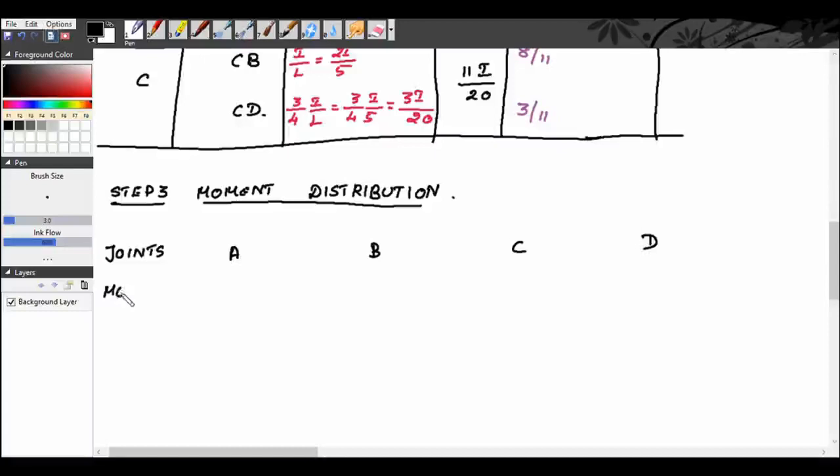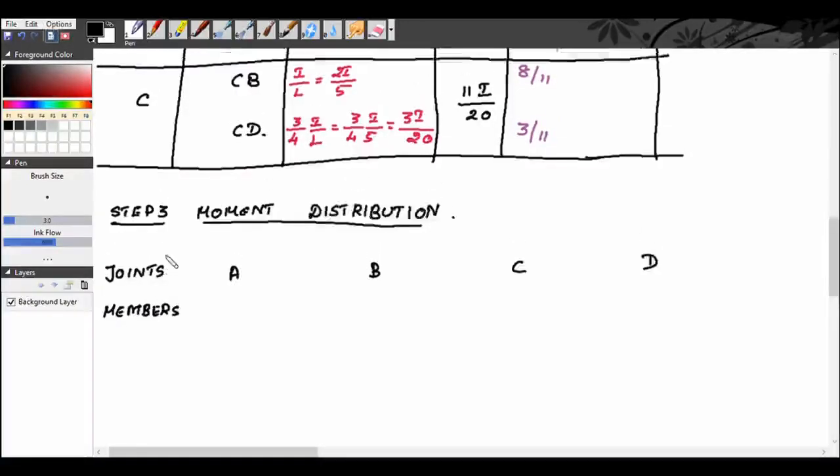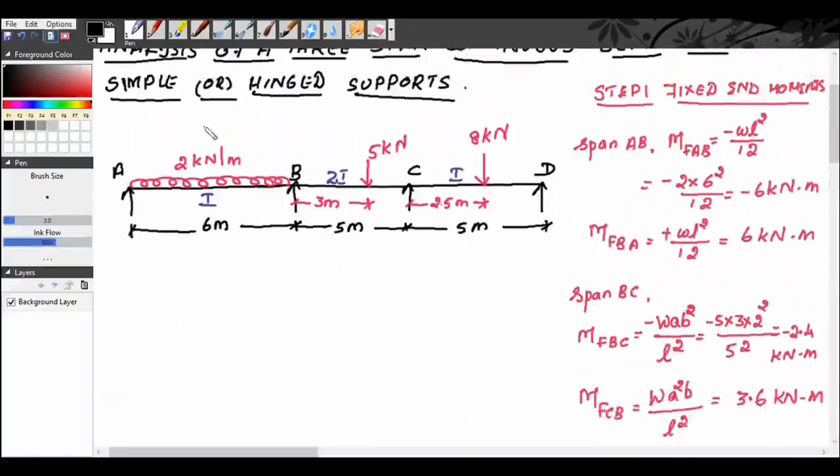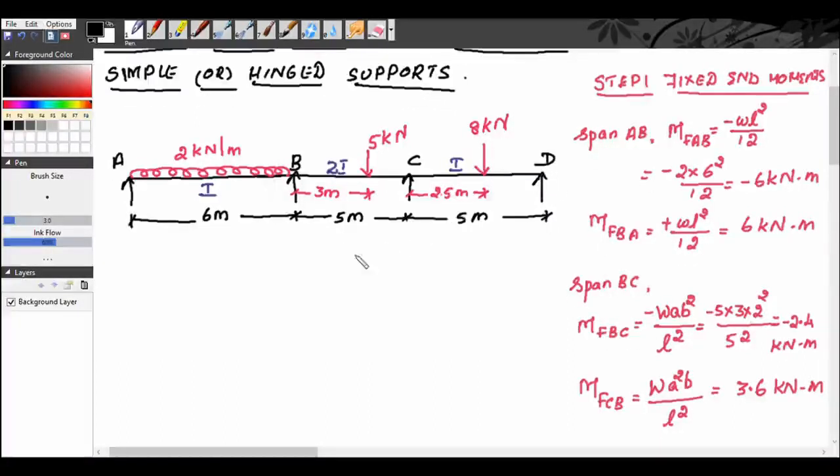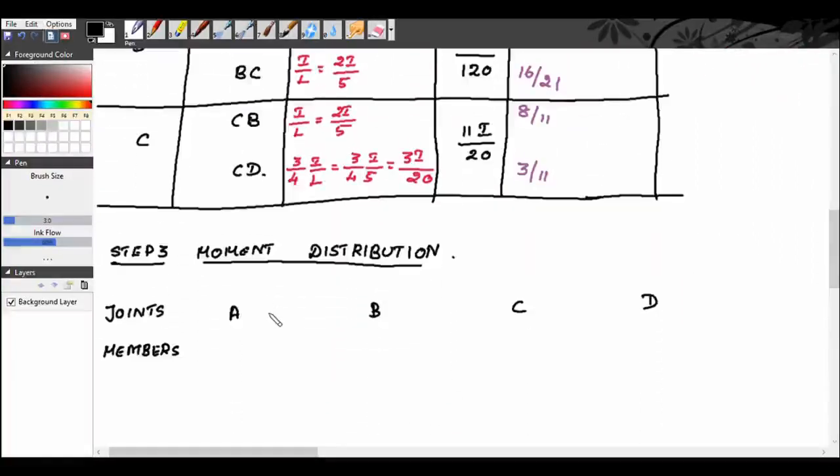Now we will write the members joining every joint. In the joint A we have AB. In the joint B we have BA and BC. At joint C we have CB and CD. And at joint D we have DC. So we will write all the members.